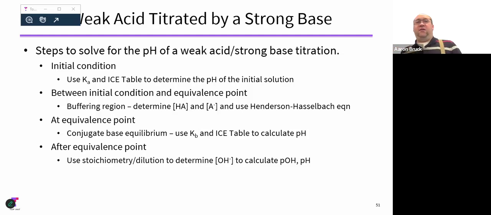For a weak acid, since we're focusing on this titration in particular, we are going to need to set up an ice table. We have to use Ka and an ice table to figure out the pH of the original solution.